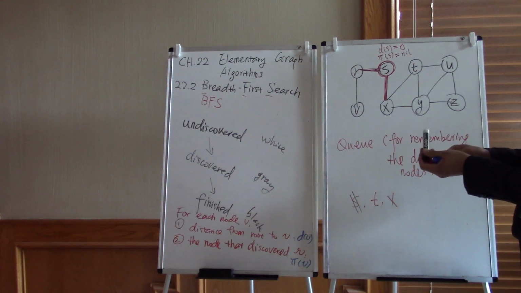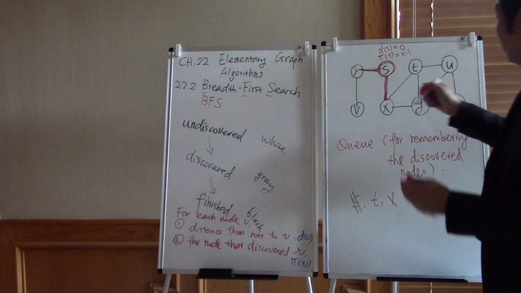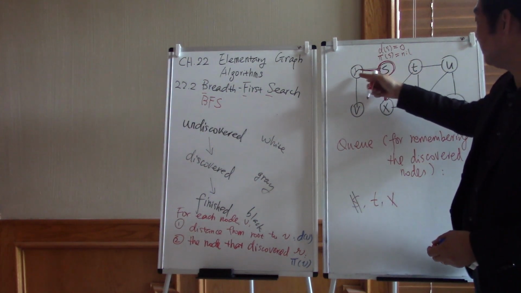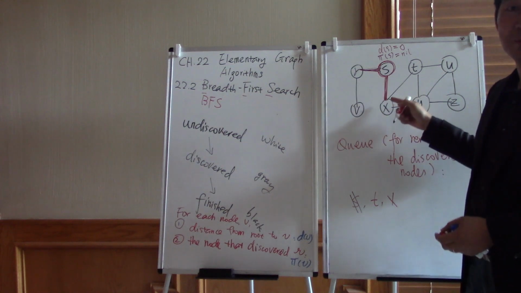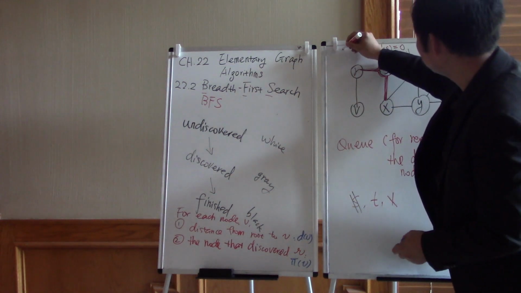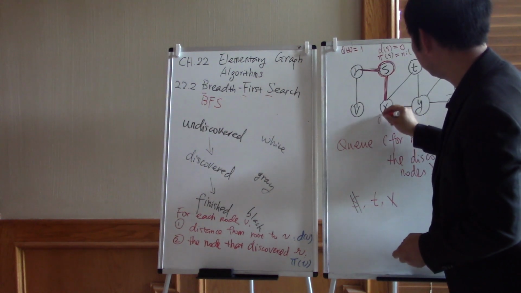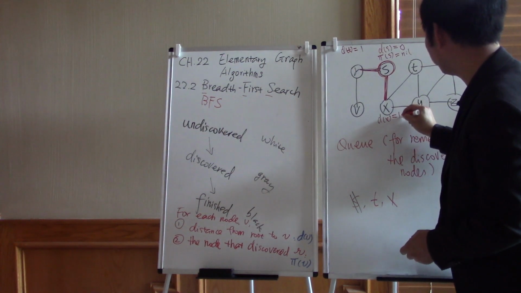Okay, so what about the parameters for them? Because S discovered these two nodes, and D of S is 0, T and X are both one hop away from S. So D of T equals 1, and D of X also equals 1.